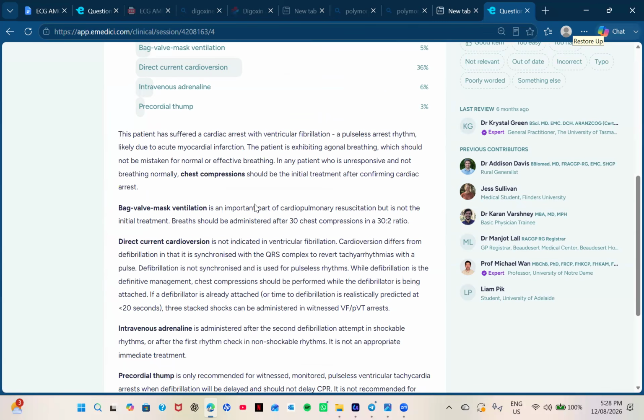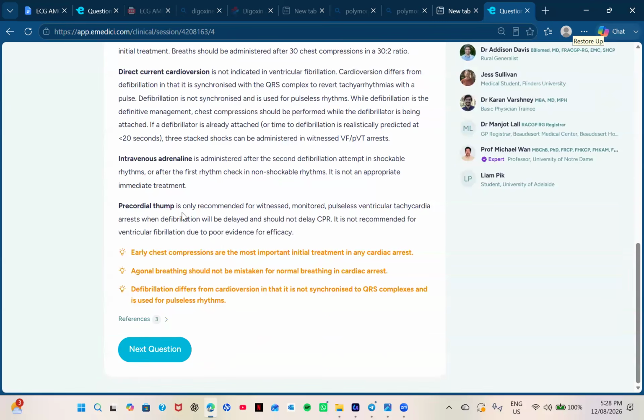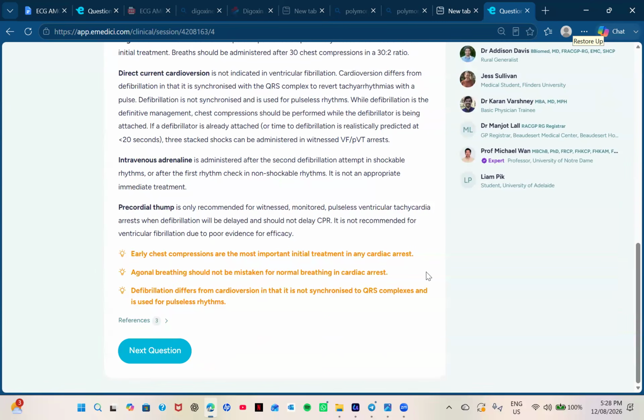In any patient who is unresponsive and not breathing normally, chest compression should be the initial step after confirming the cardiac arrest. Early chest compressions are the most important initial treatment in cardiac arrest.